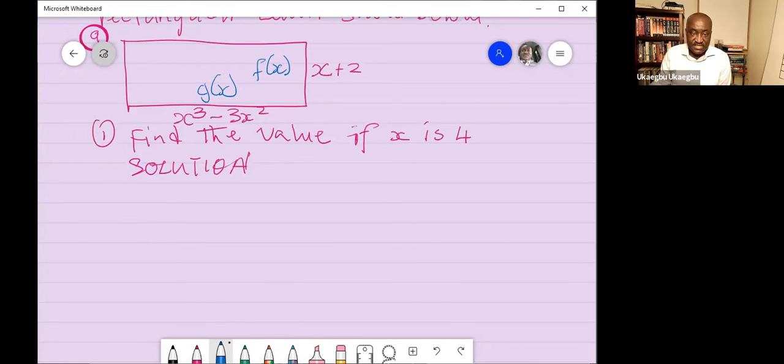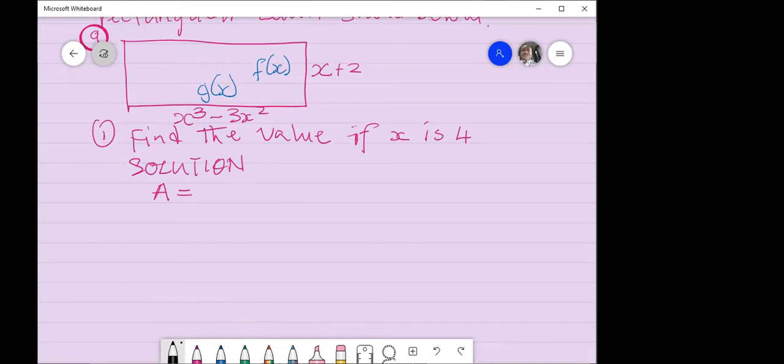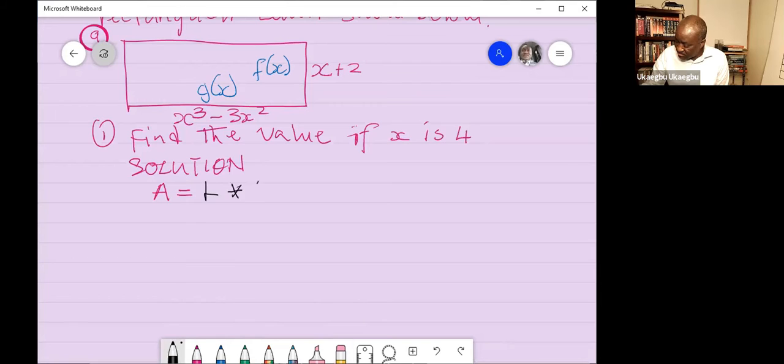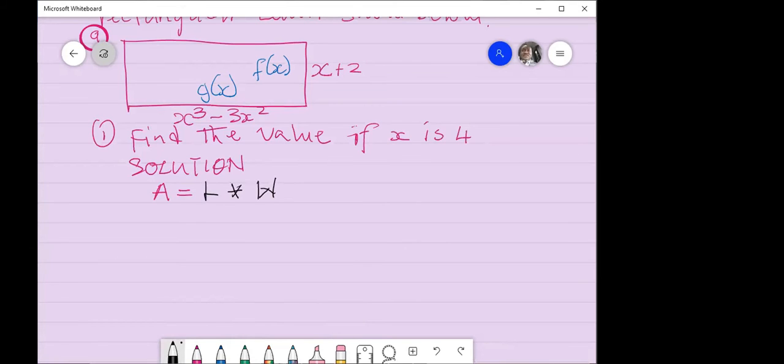You can define them by yourself and alternate them; the solution is going to be the same anyway. So the formula for area is length times width.